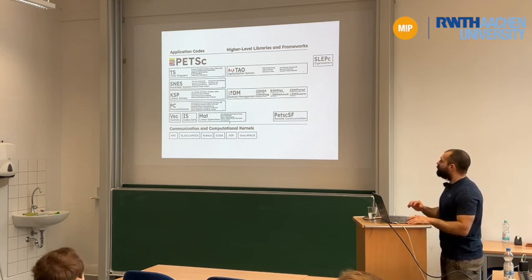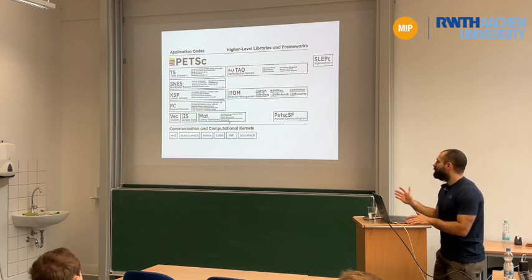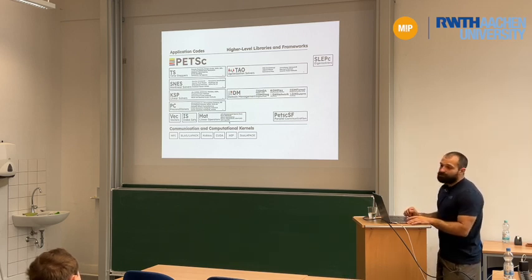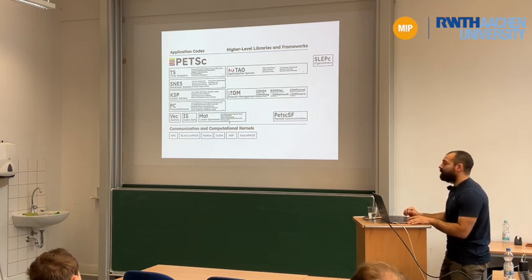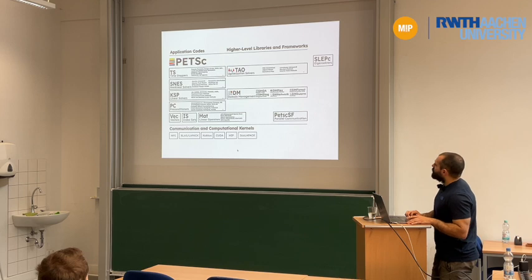And we also can offload those matrices on the GPU, or they can also be directly assembled by the user on GPUs, either using CUDA for NVIDIA GPUs, HIP for AMD GPUs, or also Kokkos if you want performance portability. So when it comes to the communication and computation kernel, it's very standard, let's say.